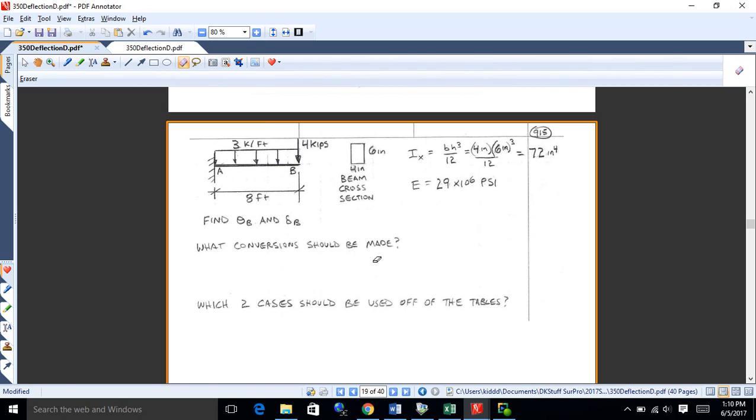They're not going to be that big. We would strongly hope they wouldn't be anyway. If they are, something's probably broke. Okay, so get all lengths into inches, and also importantly, people often forget this, loads per unit length, like 3 kips per foot. You'd want to get that into so many pounds per inch. So just be careful to get all the conversions made.